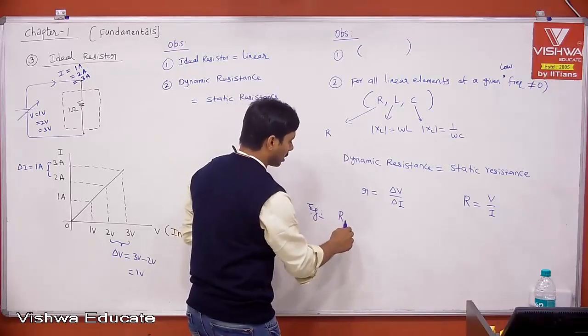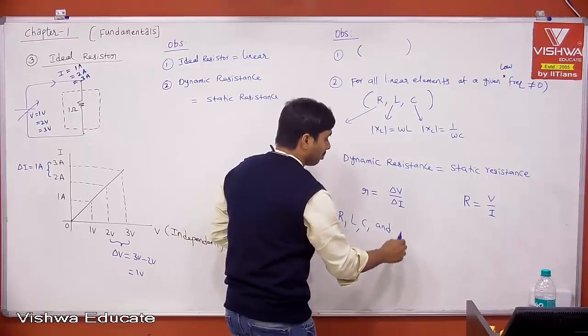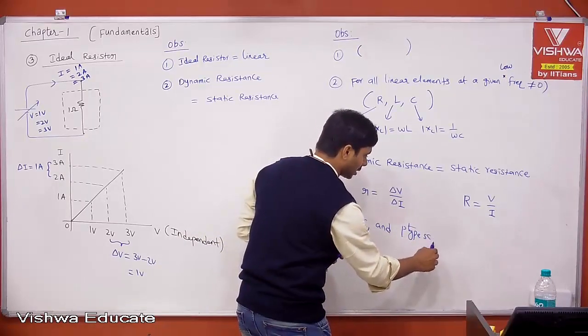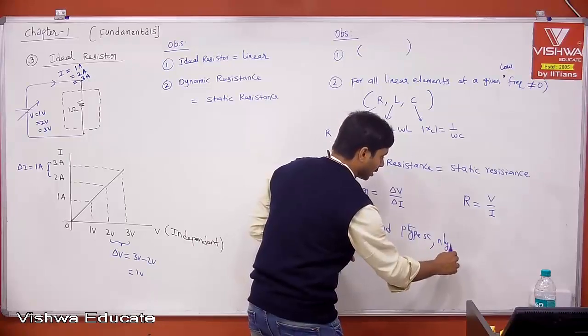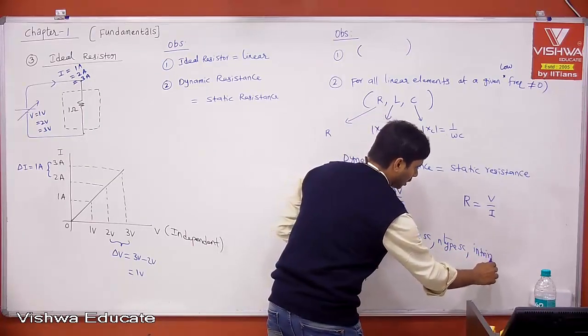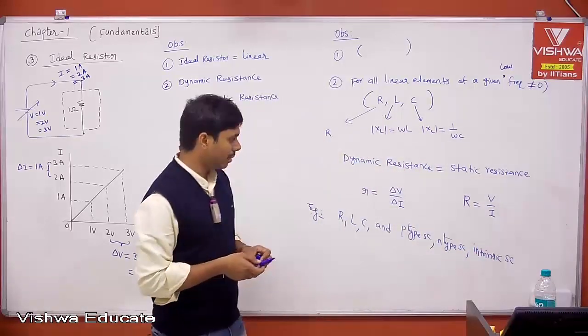You can say another example: not only resistor, inductor, capacitor, but also P-type semiconductor, N-type semiconductor, basically intrinsic semiconductor. SC is nothing but semiconductor, okay?